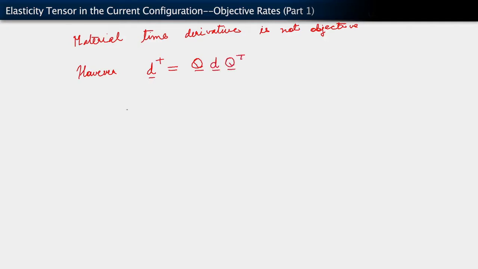Consequently, we cannot write a meaningful constitutive relation relating this material time derivative to D, because whereas D transforms objectively, this time derivative on the left-hand side does not. This guy is objective, this guy is not objective.